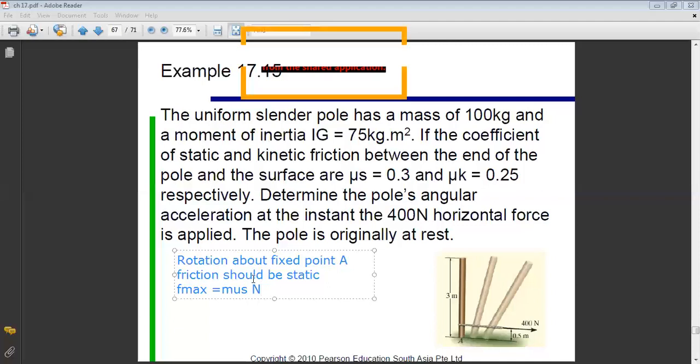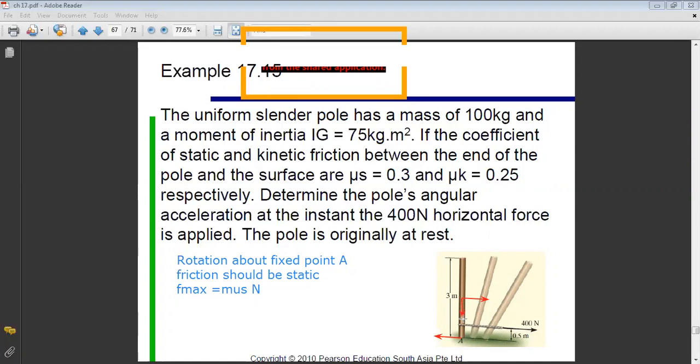So to verify if I have rotation about a fixed point, I will put my unknowns. I have the friction F that is unknown, but I should verify that it is smaller than μsN. I have the acceleration of G that is unknown. How will aG be? G is doing rotation about A, so I have aG tangential and aG normal.